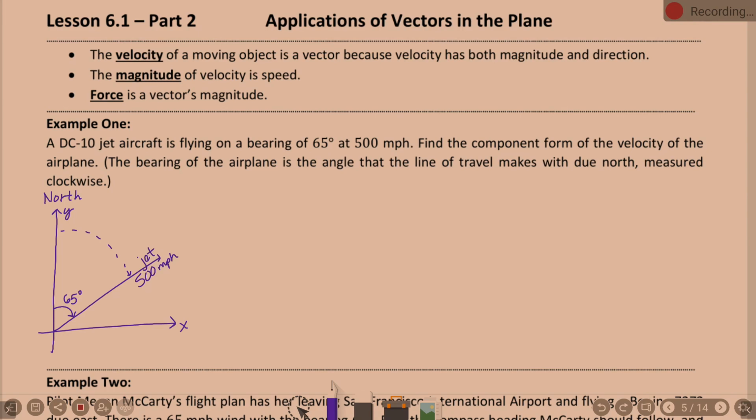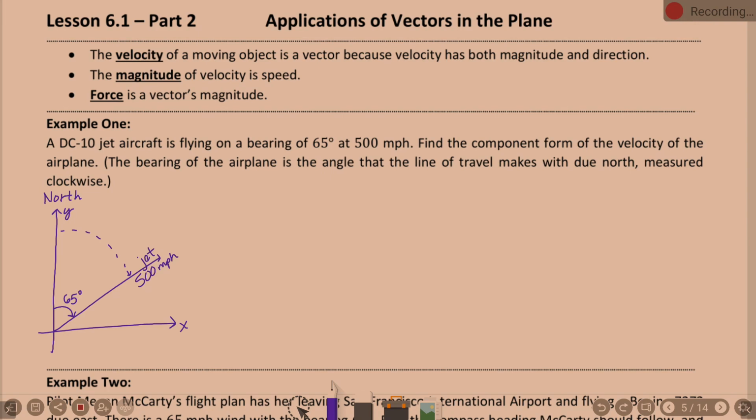The component form. So when we talk component form, this isn't like when we first started talking component form on Friday, where we had x and y values we could subtract. We don't have that. We're talking in terms of angles.